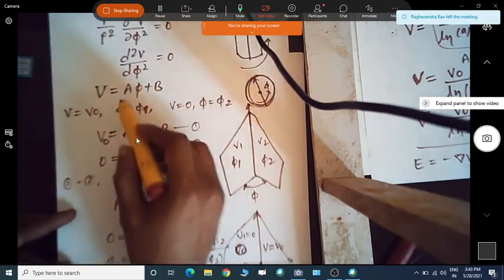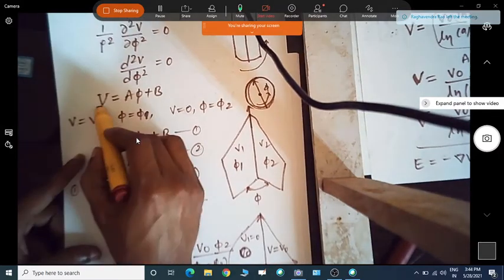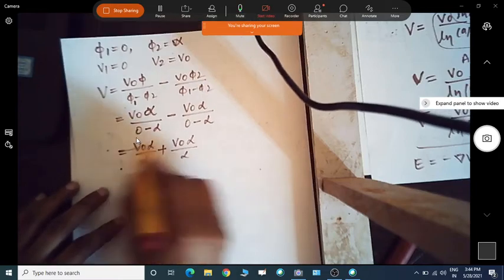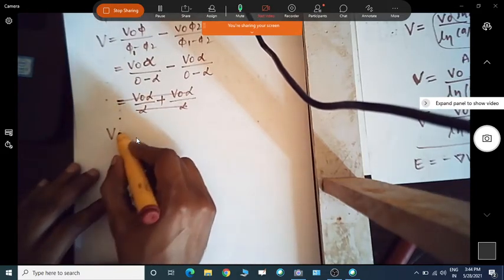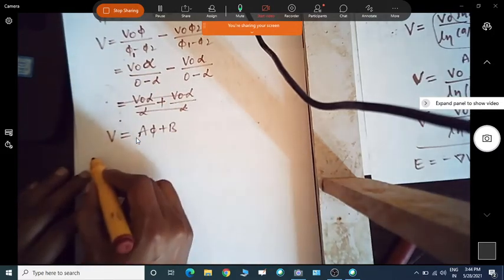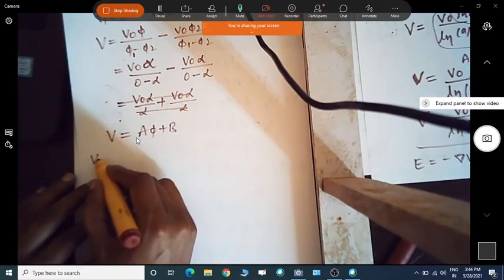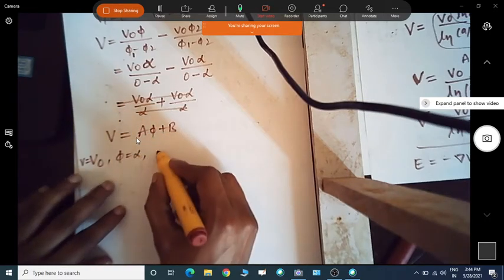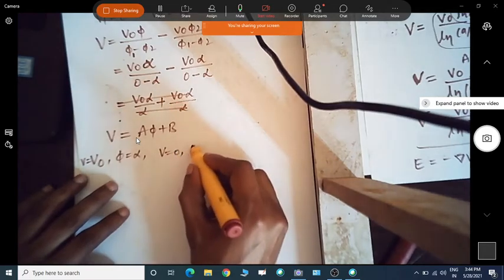Okay, so let us take the solution here. Somewhere we have missed that one. So if I take that one, that is v equal to a phi plus b, only we will take the condition which is v equal to v naught at phi equal to alpha, and v equal to 0 when phi equal to 0.